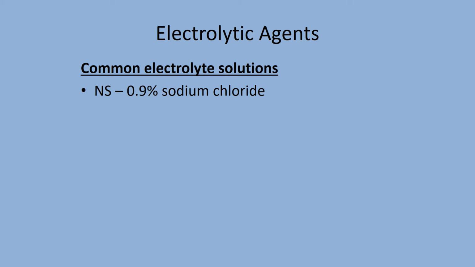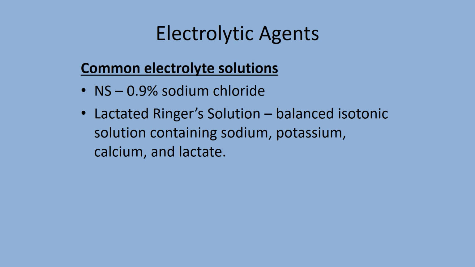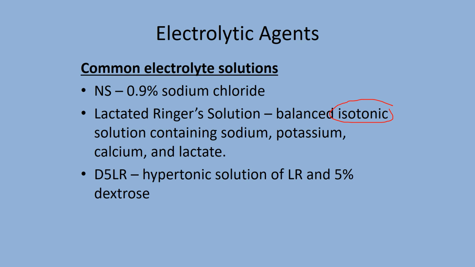Some common electrolyte solutions: we've got sodium chloride, NS, which is 0.9% sodium chloride. Lactated Ringer's solution is isotonic, so it's balanced and safe to administer intravenously. It has a mixture of electrolytes. D5LR is both 5% dextrose and LR, so it's hypertonic.